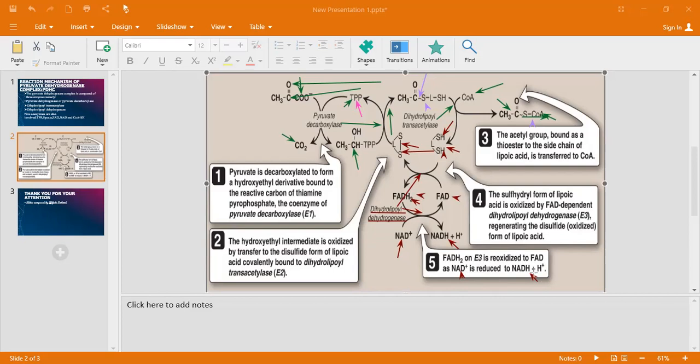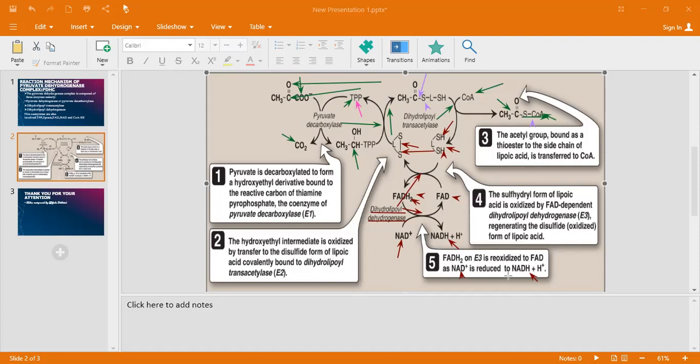Remember, NADH and hydrogen will now go to the electron transport chain, where it will donate its hydrogen to the nicotinamide adenine dinucleotide dehydrogenase, which is linked to flavin mononucleotide, maybe complex one of the electron transport chain.